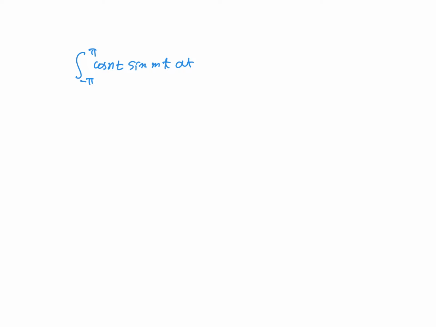So we need to use this formula: sine of a plus b is sine a cosine b plus cosine a sine b. Sine of a minus b is sine a cosine b minus cosine a sine b.